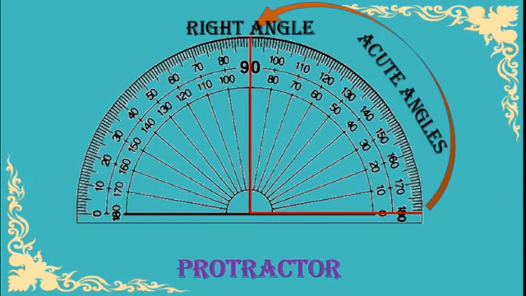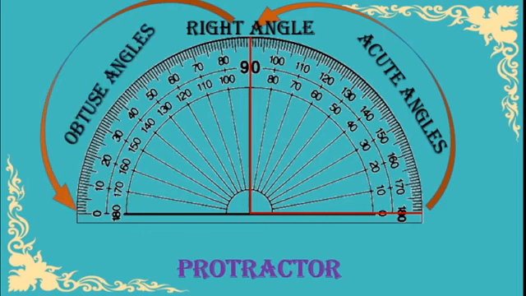The angles between 90 degree and 180 degree are called obtuse angles. Got this, children? So there are three types: acute angles up to 90 degree, exactly 90 degree is a right angle, and more than 90 and up to 180 degree are called obtuse angles.